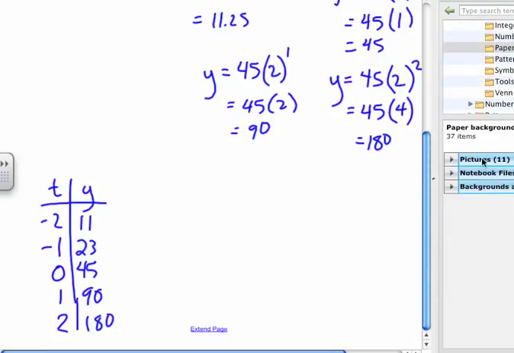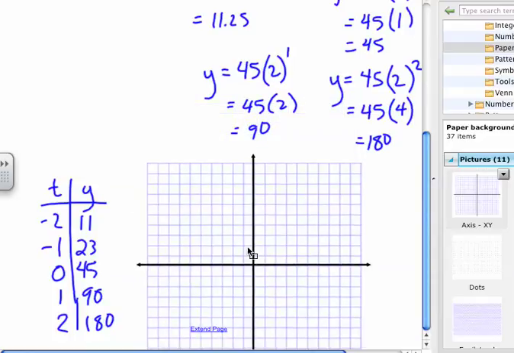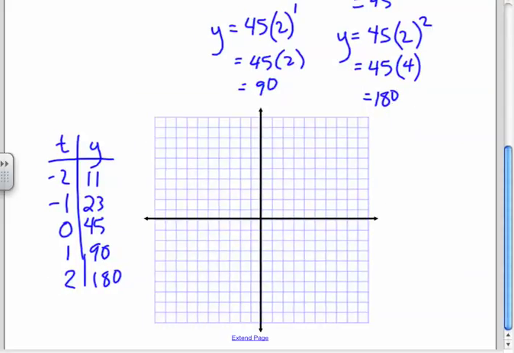All right, paper backgrounds, pictures. There we go. There's a grid that I want. Although, I really don't want that one. Oh, well, I'll use it. All right, so let me move it down. Okay? All right, there we go. Now, let's let each one of these equal 20.